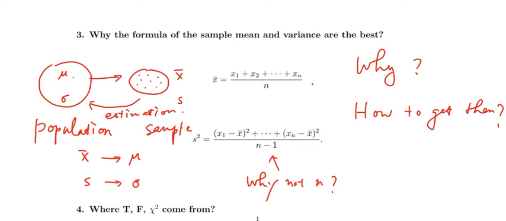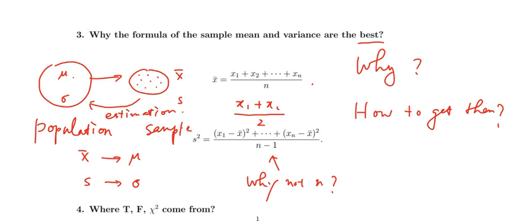So what does better mean? In general, for any parameter in the population, how do we estimate it? Here we have mu. How to estimate this mu? We say we use x bar, and this x bar is the best one. But why use x bar? Why do we not use another? Let's say we also can use x1 plus x2 divided by 2 to estimate this mu.